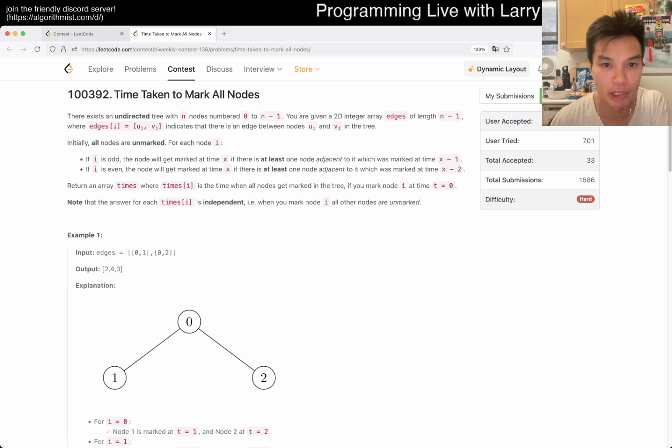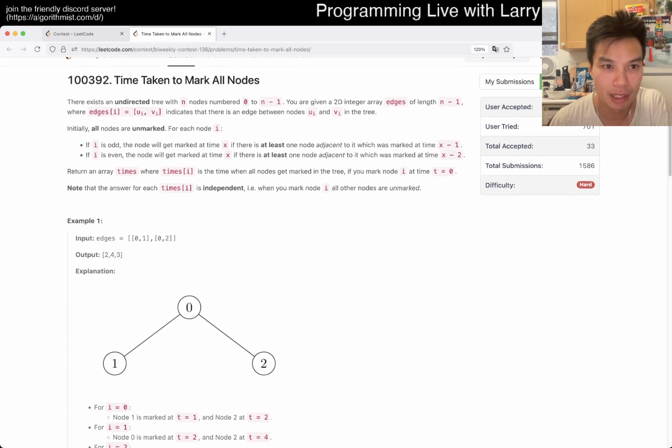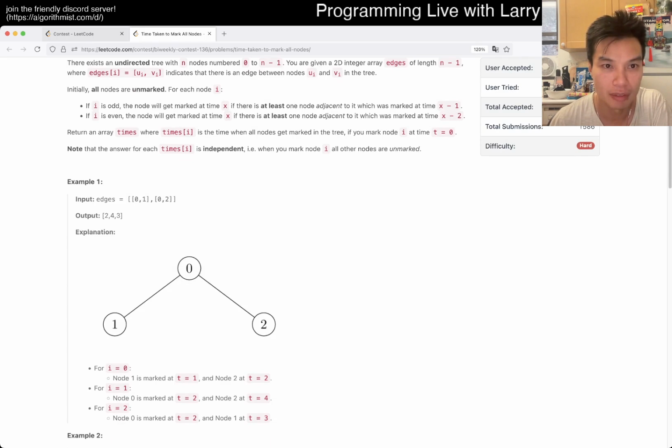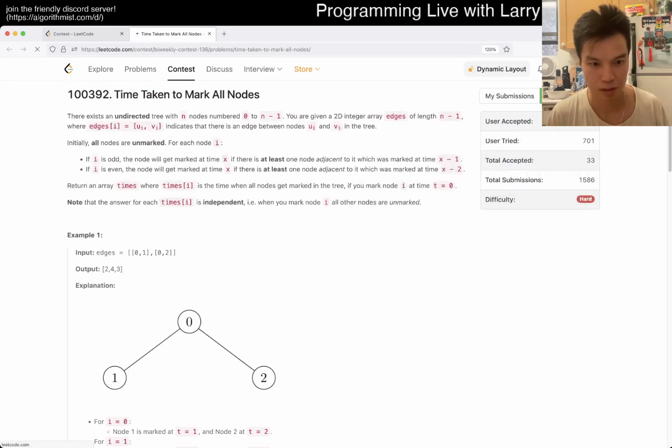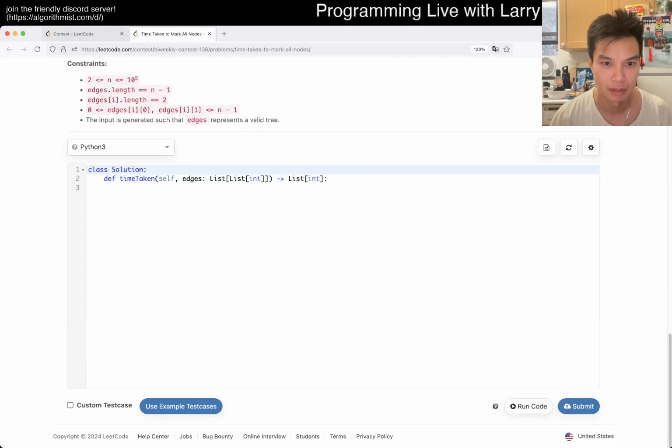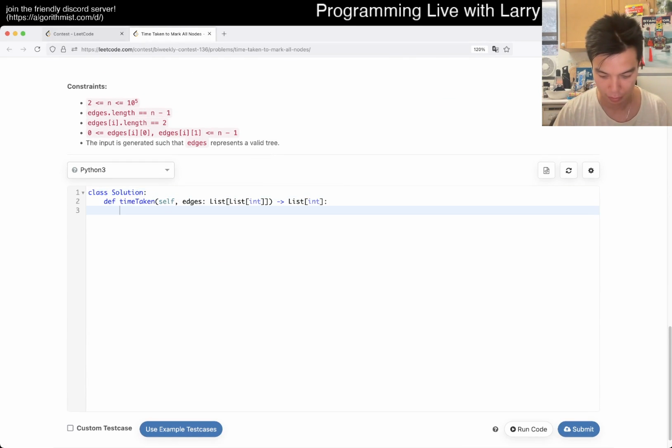Okay, tree edges, okay. A node for each node I. If it's odd, if it's even, so okay. I don't know how to solve this yet.